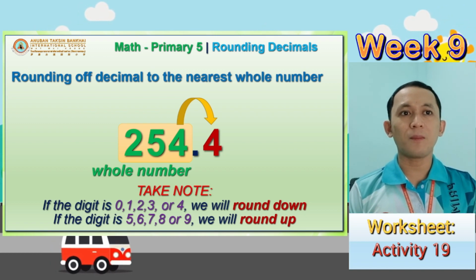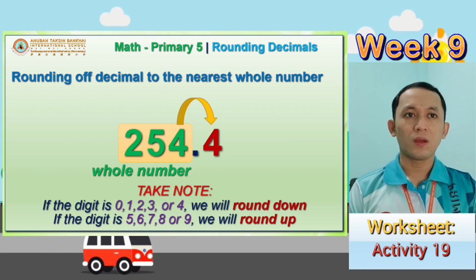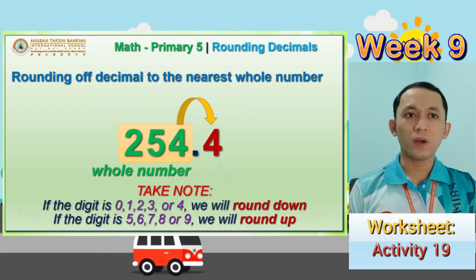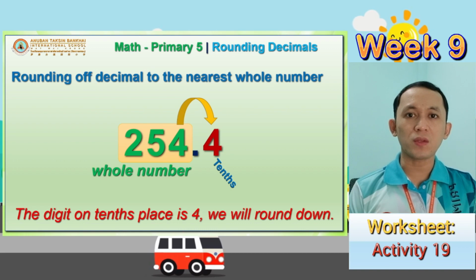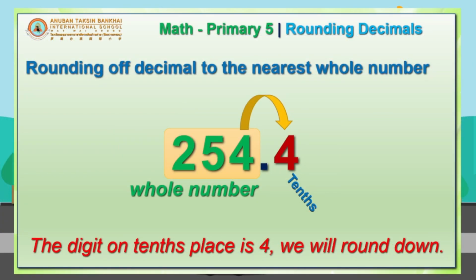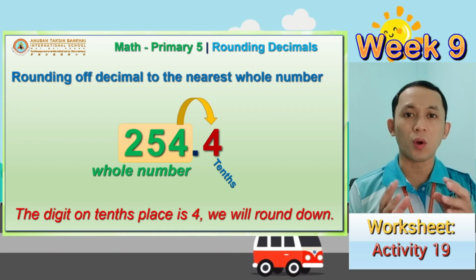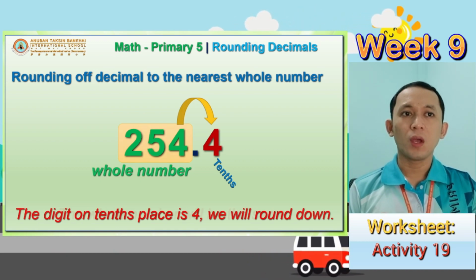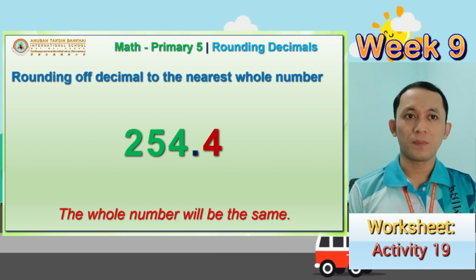In this example, we have 4, so we are going to round down our number. Round down means we are going to keep our whole number as it is. So the whole number will be the same.